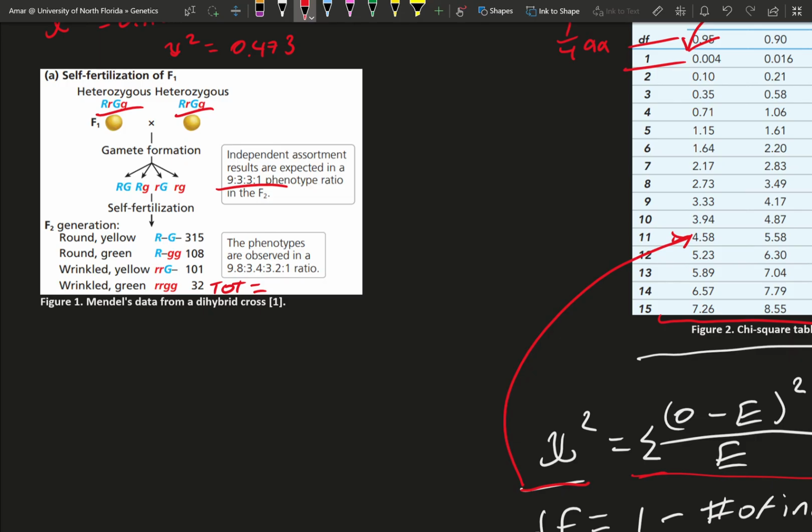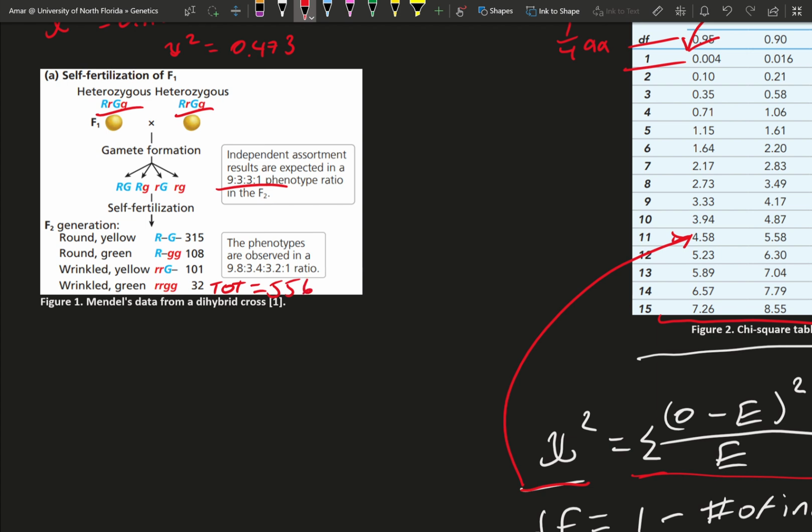We're expecting to see 9/16 brown and yellow, 3/16 brown and green, 3/16 wrinkled and yellow, and then 1/16 wrinkled and green. Now let me do the math real quick for this, and you can do the math with me as well.